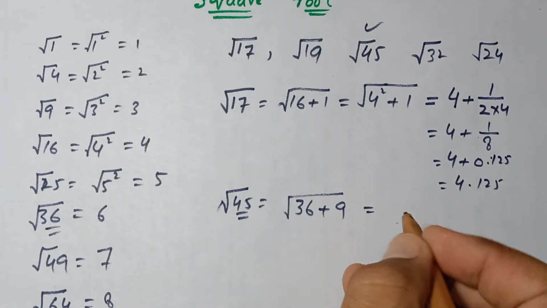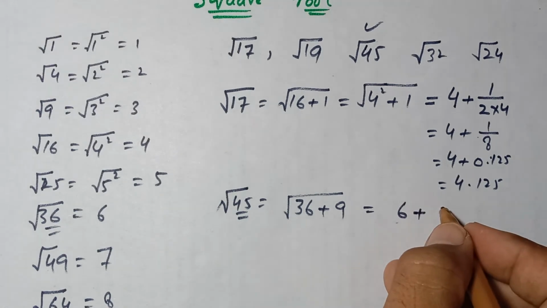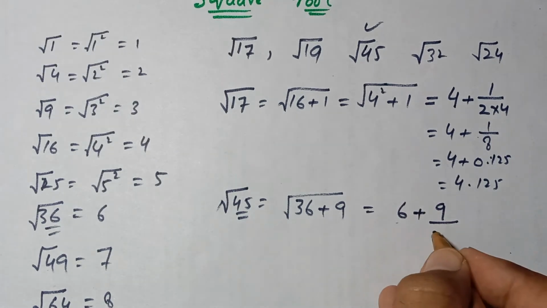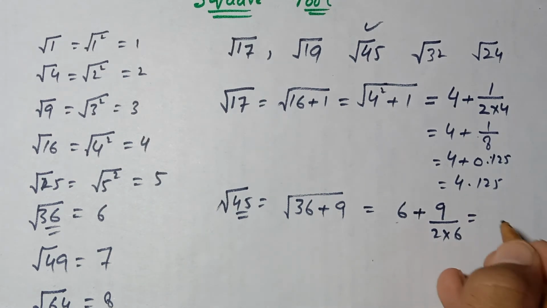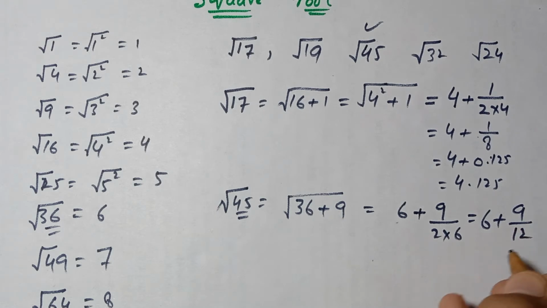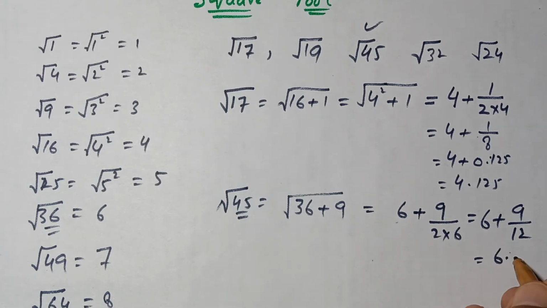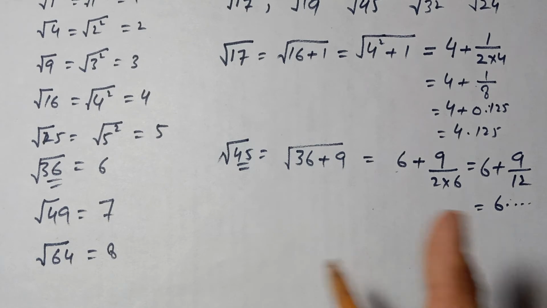The square root of 36 is 6, plus 9 divided by 2 multiplied by this number, which is equal to 6 plus 9 divided by 6 multiplied by 2, that is 12. If you divide this number by this, and add this number to this, 6 point something will be the answer.